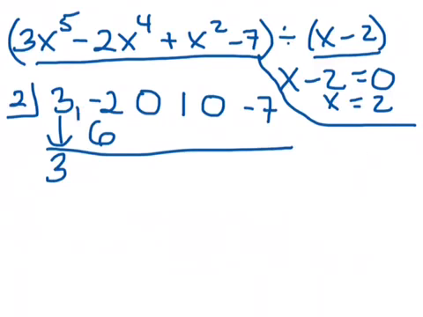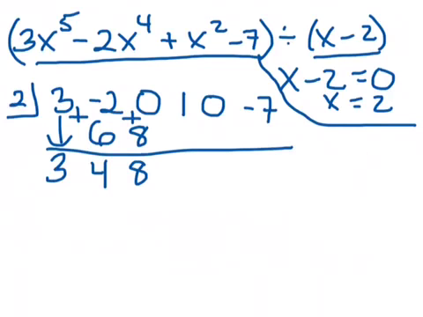We're going to add these two numbers vertically, so negative 2 plus 6 is 4. Every number underneath the line gets multiplied by the number up in the box, so 4 times 2 is 8, and I'm going to write that underneath my next entry. Again, add vertically, so 0 plus 8 is 8.